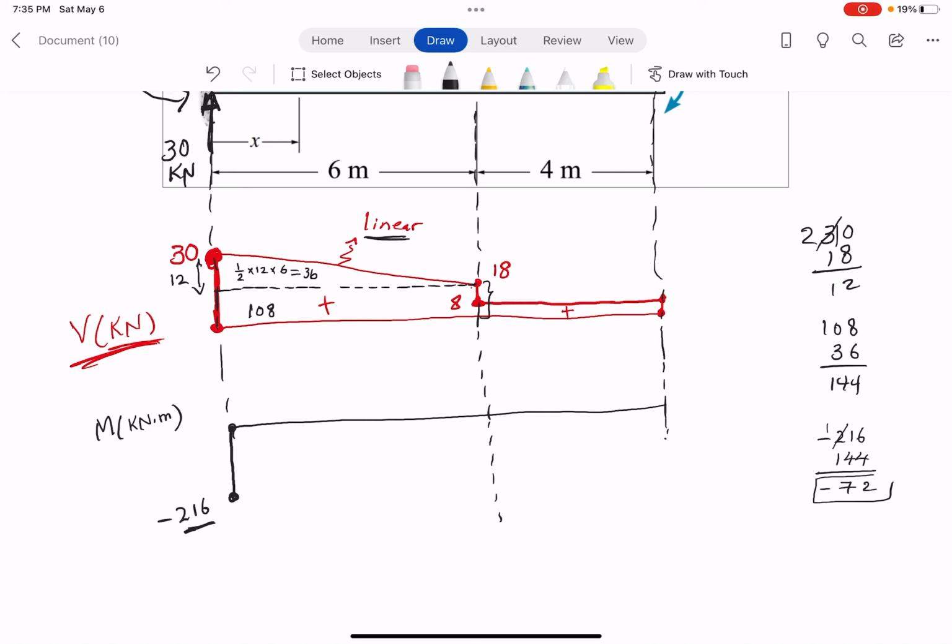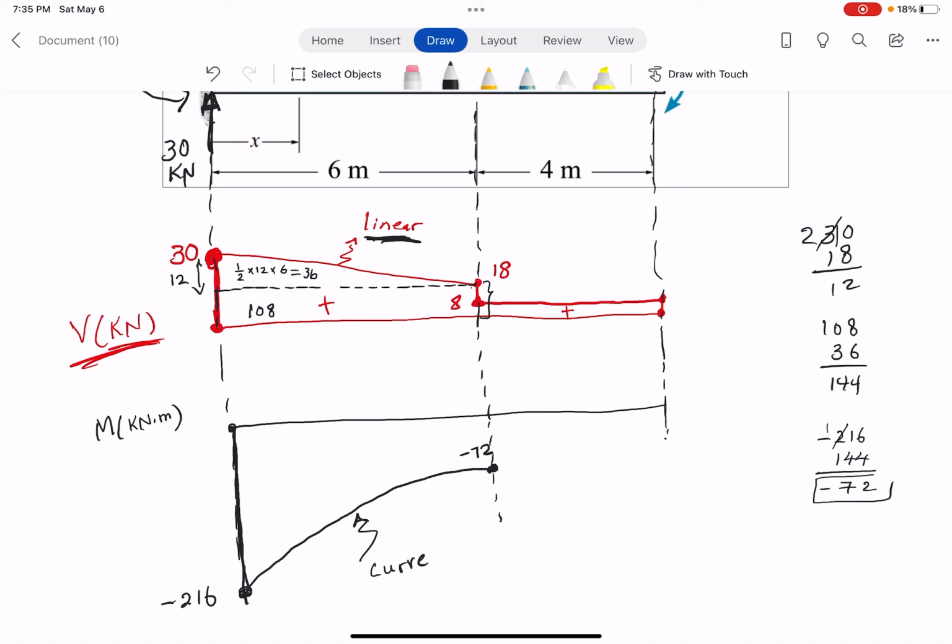It's going to go from minus 216, not to scale, to minus 72. It is nonlinear because of this linear shear. Just put it to get the full grade. It's a curve, concave down, nonlinear, whatever the description of this curve is.